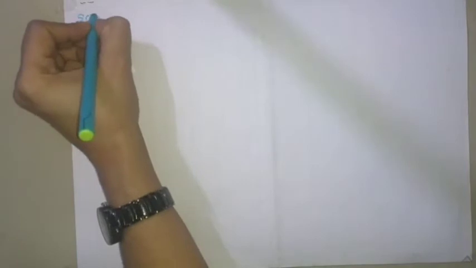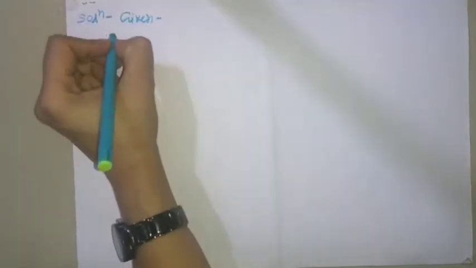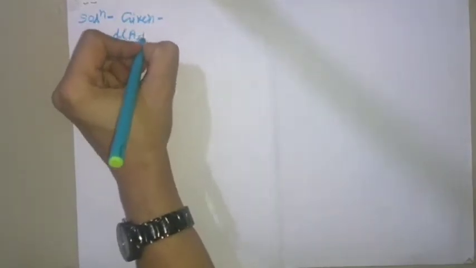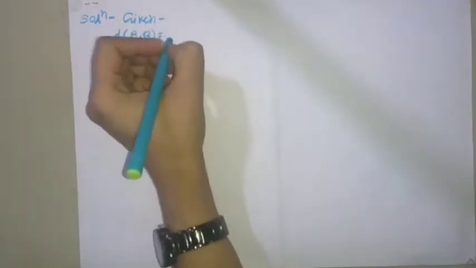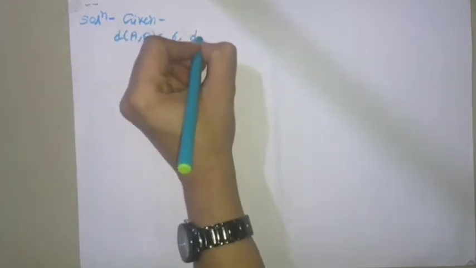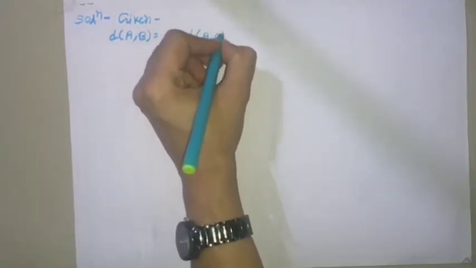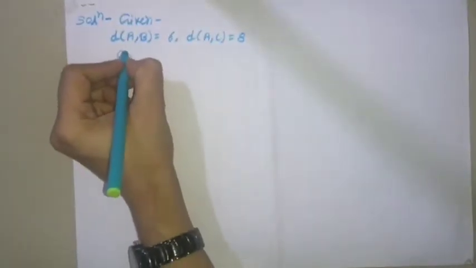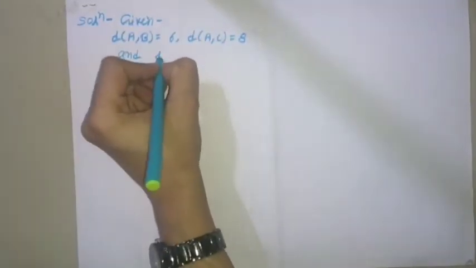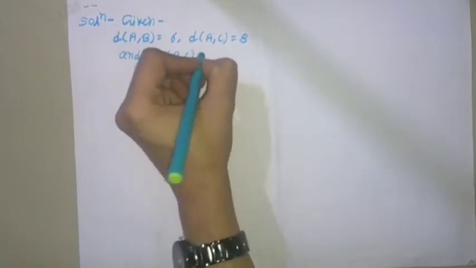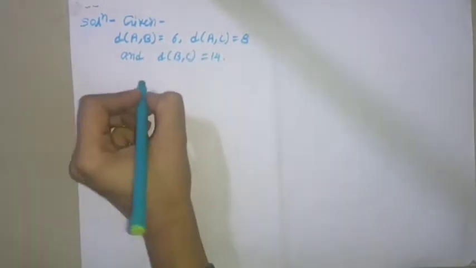Solution. Given distance of AB equal to 6, distance of AC equal to 8 and distance of BC equal to 14.